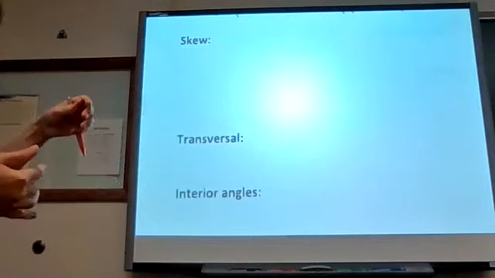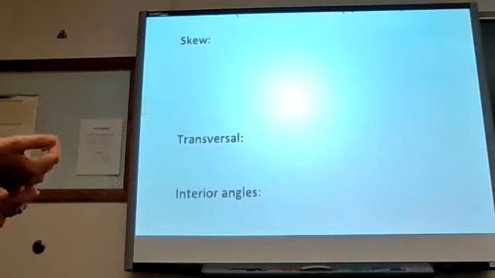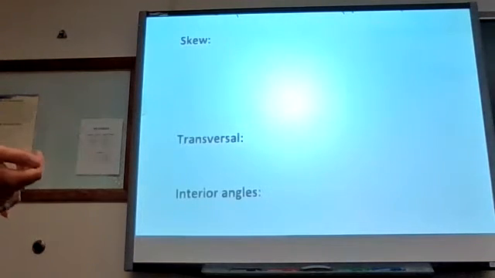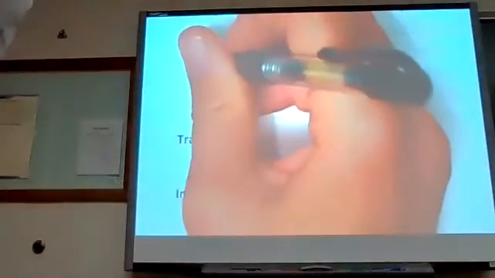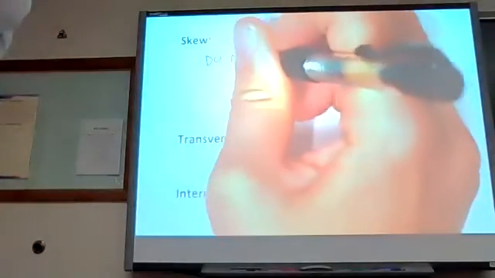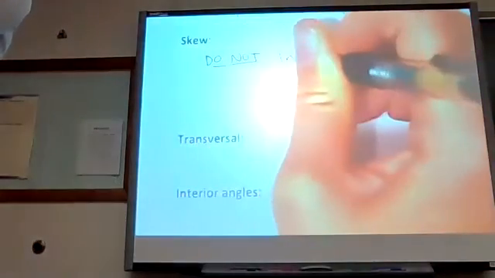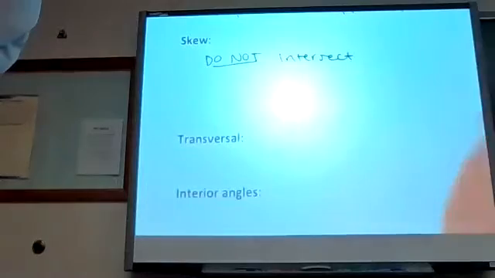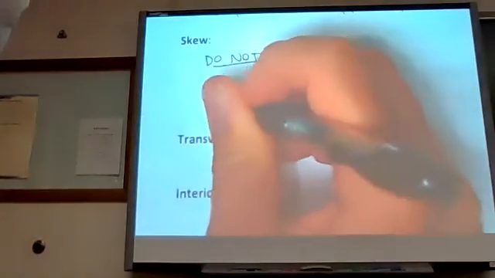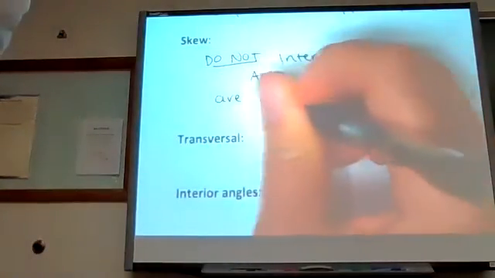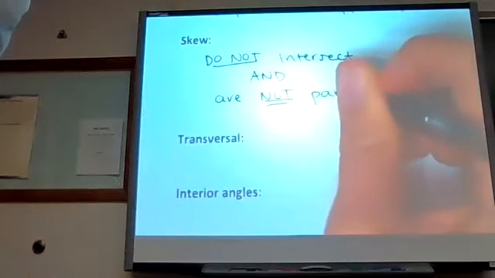Skew lines are just a good vocab word to know for geo, and it does come up every once in a while. So skew lines also do not intersect. And here's the tricky part with skew lines, they are not parallel.